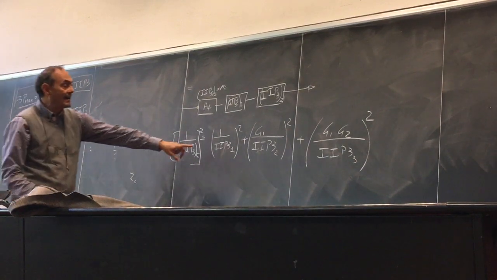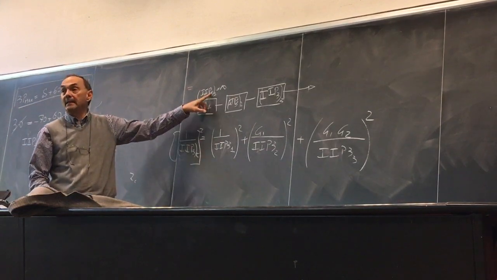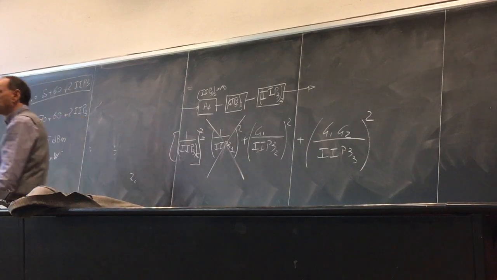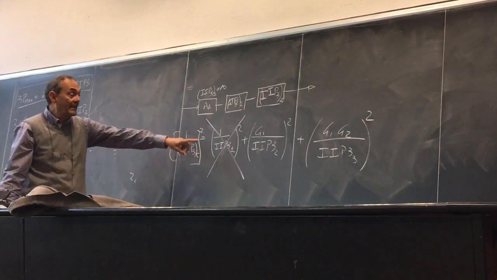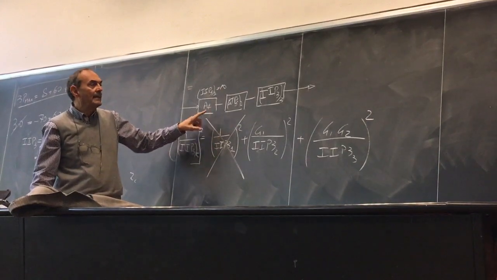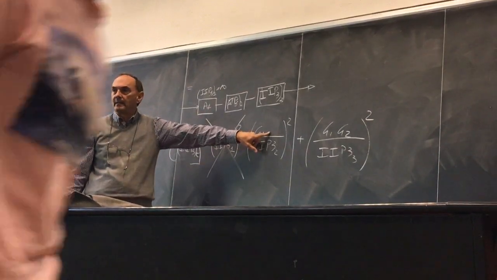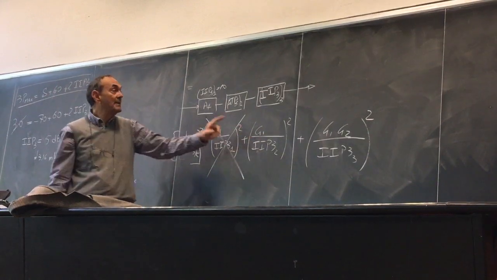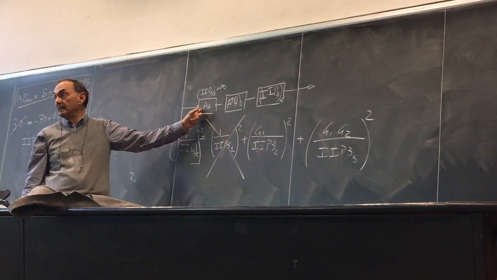But in our case, IIP3 of block 1 is infinite, and then this term is 0. But observe that even if the term is 0, its contribution appears in the second term, because here we have G1, which is just the gain of the first block.